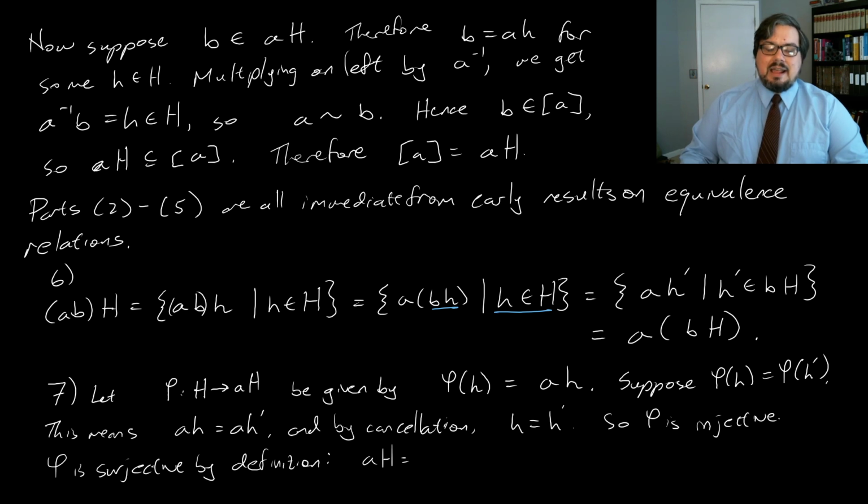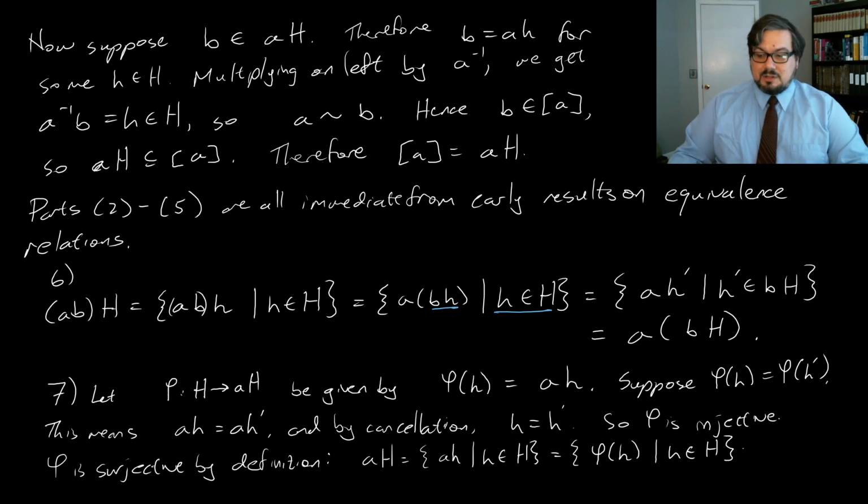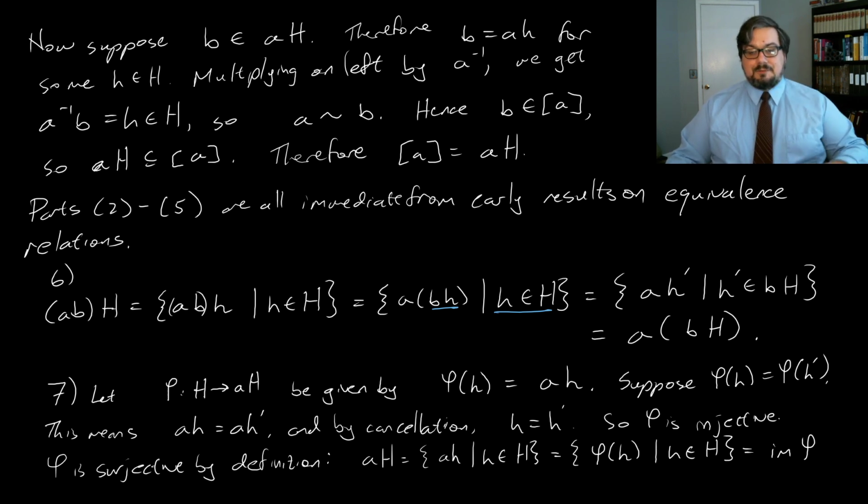The set AH, by definition, is the set of all A times h, where little h comes from big H. But that's precisely the set of all phi of h, where little h comes from big H, which is just another way of writing the image of phi. And remember that being surjective means that your image is equal to your codomain.